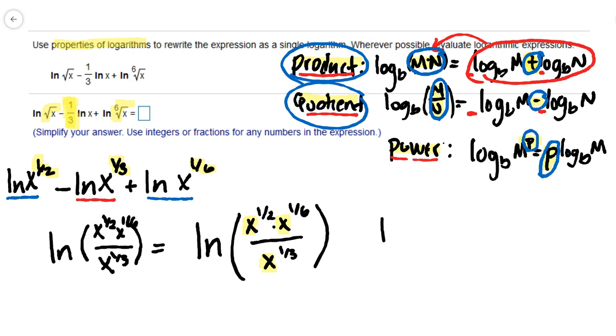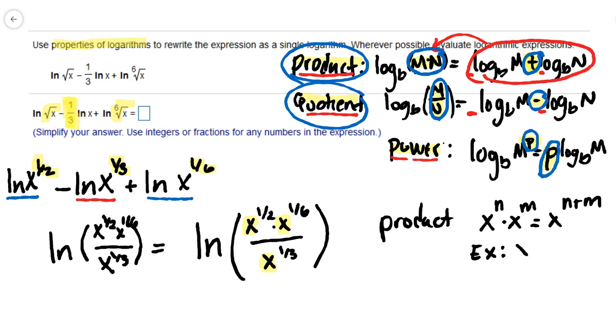The product rule for exponents says that if you have x to the n power times x to the m power, you're going to add those exponents. So for example, if you had x cubed times x squared, that's x to the 5th power. You're multiplying expressions with the same base, so you add those exponents together.